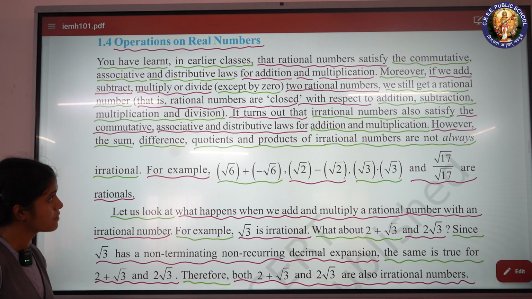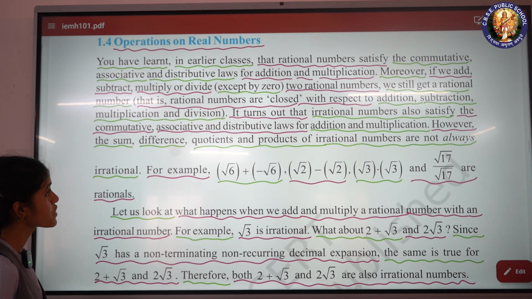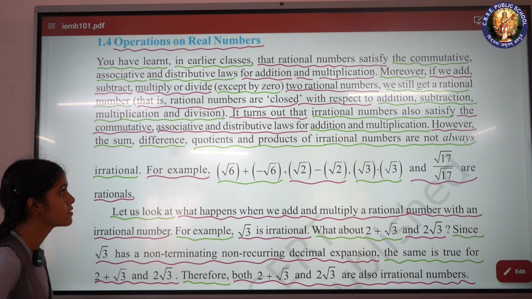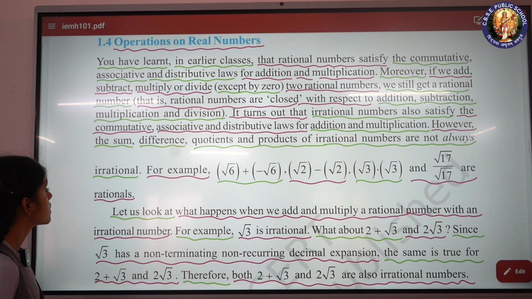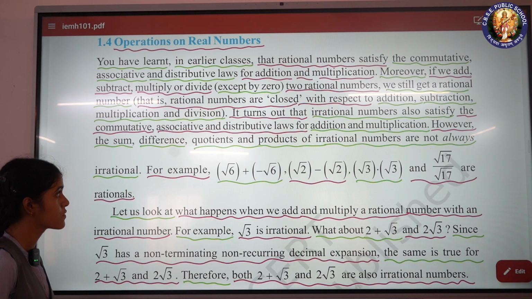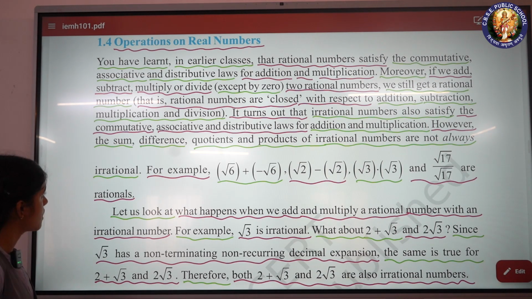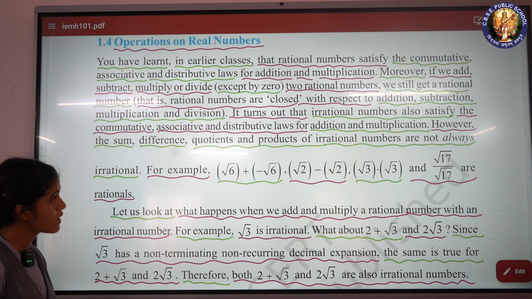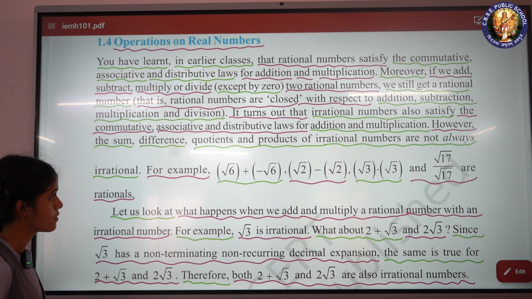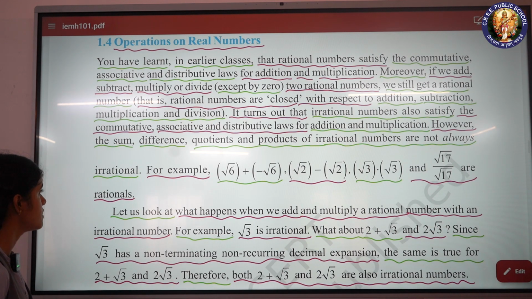It turns out that irrational numbers also satisfy the commutative, associative and distributive laws for addition and multiplication. However, the sum, difference, quotients and product of irrational numbers are not always irrational.